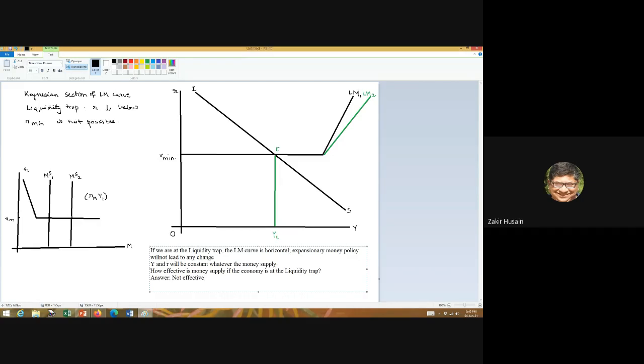So we'll do the mathematics later on, but what is important over here is that Keynes believed that during the depression, we are at the liquidity trap or somewhere near it. So in such situations, monetary supply will not help you.